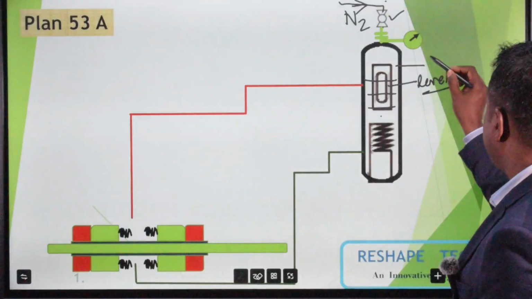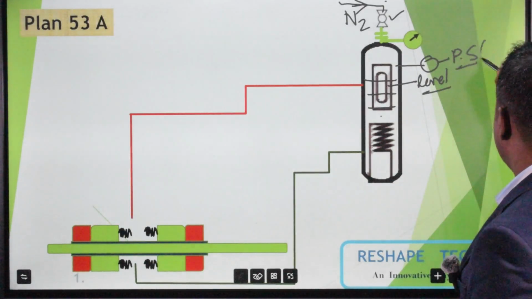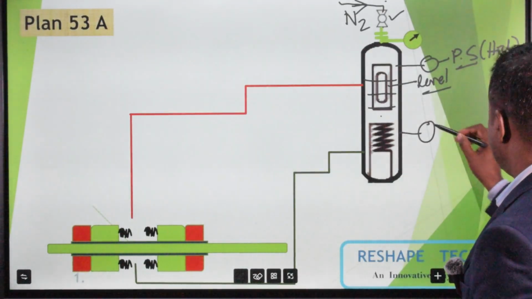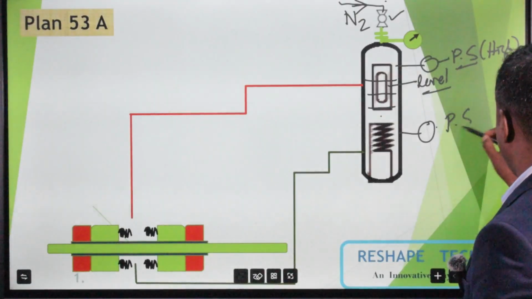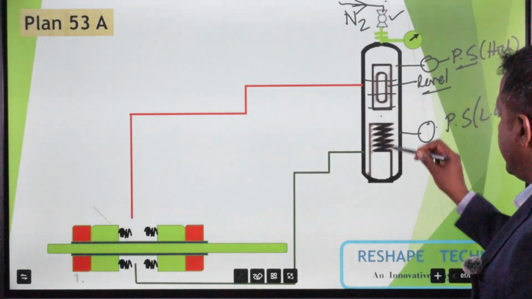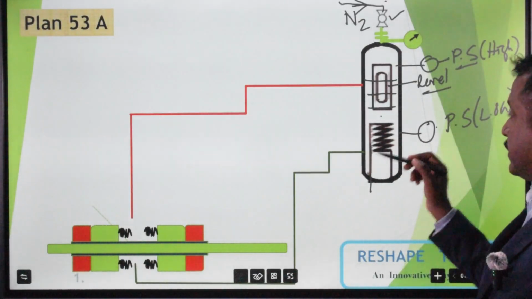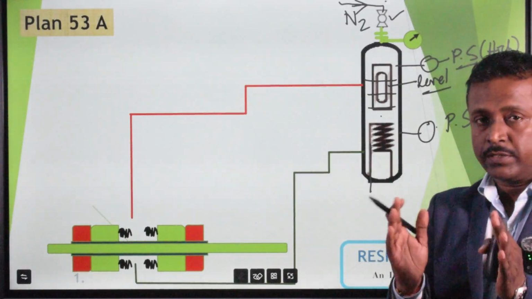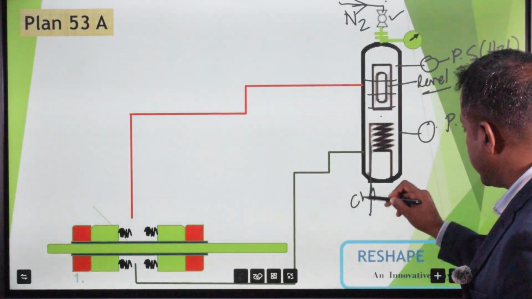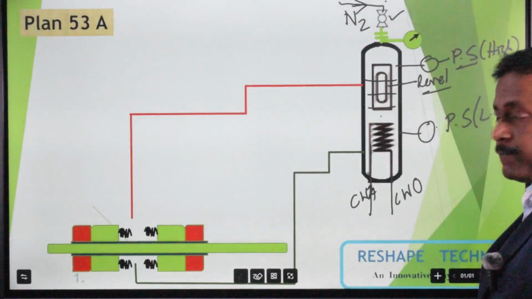Another component: there is a pressure switch for high pressure alarm, and a pressure switch for low pressure alarm. We also find a cooler at the bottom side of that particular reservoir, and there is a cooling water inlet and cooling water outlet line.